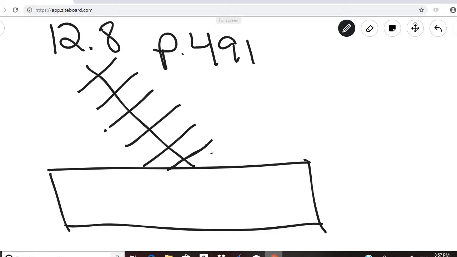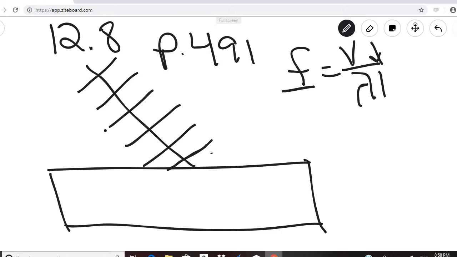And yet, remember that frequency is equal to velocity divided by wavelength. So one part of this is going to enter the glass before the other, and so it's going to slow down. If velocity decreases, and yet the frequency of the light is not going to change, then the wavelength has to decrease in order to keep the frequency the same.